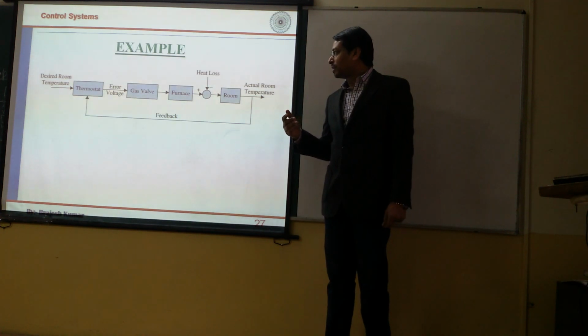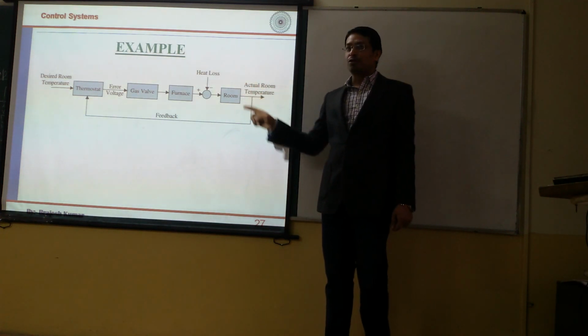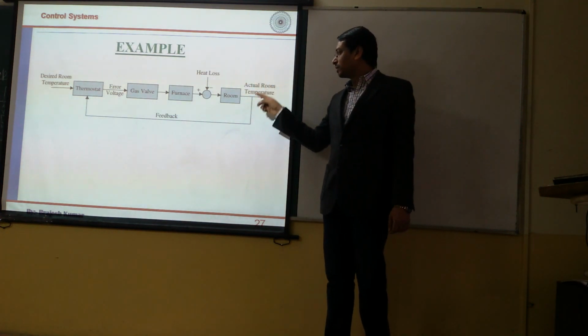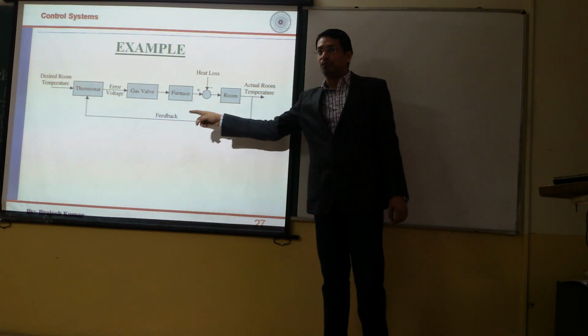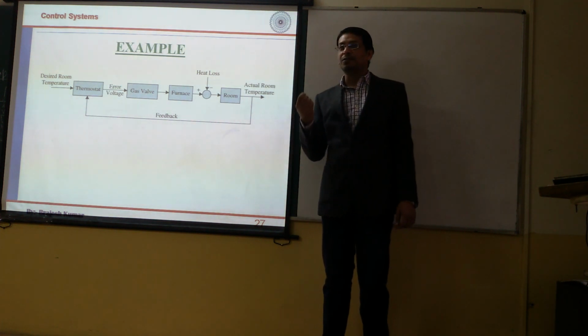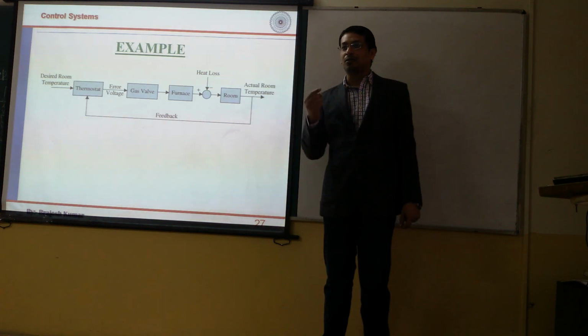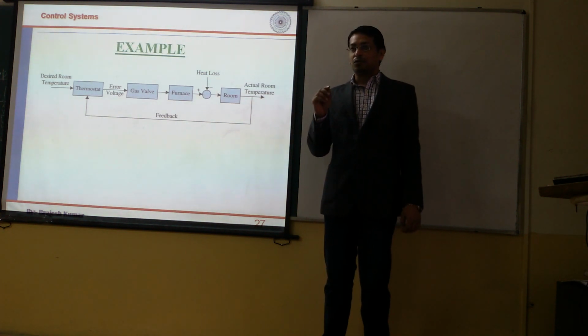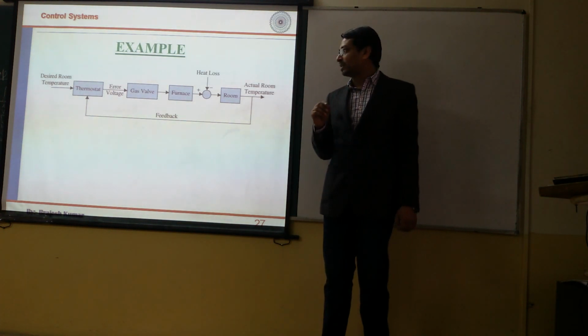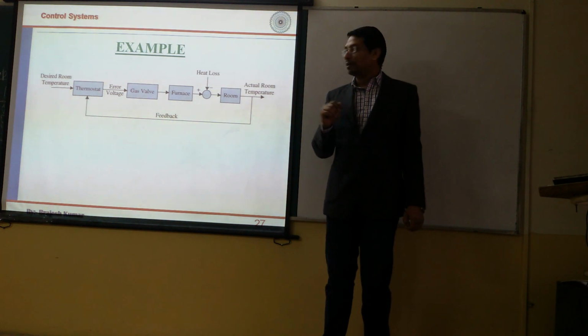Within the thermostat there are temperature sensors. They will first measure the actual temperature of the room, which says 10 degrees centigrade, while your desired value is 20 degrees centigrade. So there is an error: 20 minus 10 is equal to 10 degrees centigrade. So an error signal will be generated.